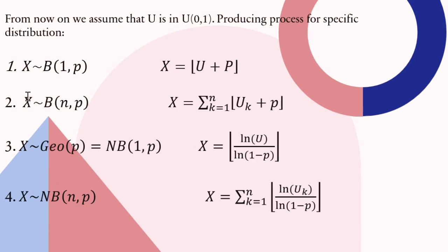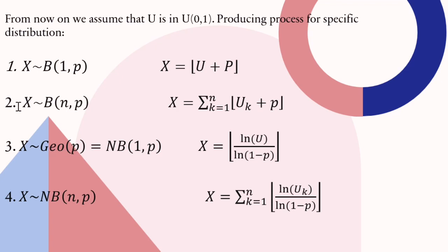The first one is if we want to calculate x as a random variable with Bernoulli distribution with this mean and covariance, we only need to produce random variable u in interval 0 to 1, and we can put x equal to this relationship, and with this equation we can calculate our random variable with Bernoulli distribution.